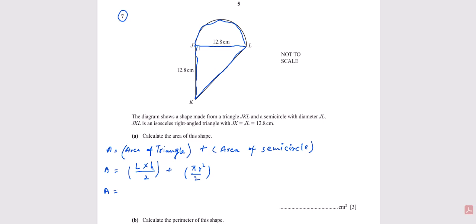So A is equal to, this one is the length and this one is the height.